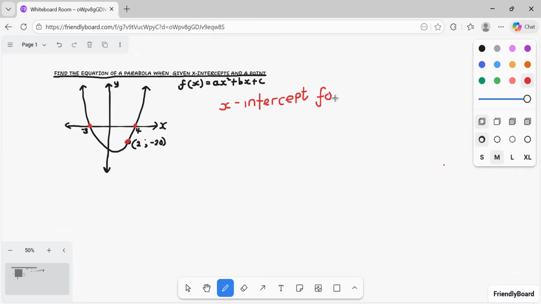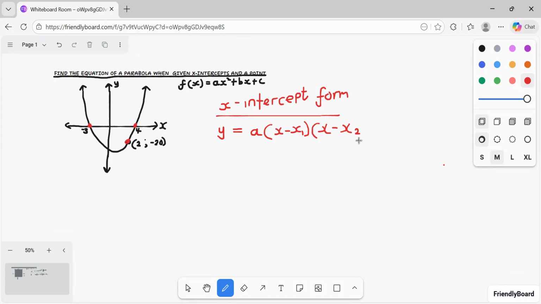So what does it state? It states that y is equal to a, open bracket, x minus x1, close the bracket, open another bracket, x minus x2.